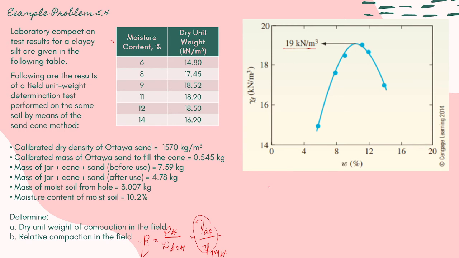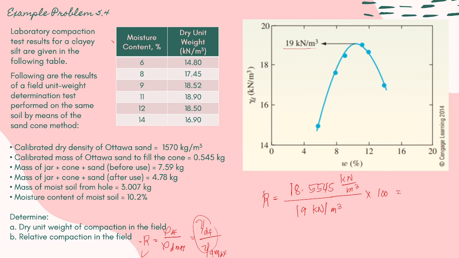Therefore, the relative compaction R is equal to 18.5545 kilonewton per cubic meter all over 19 kilonewton per cubic meter times 100.